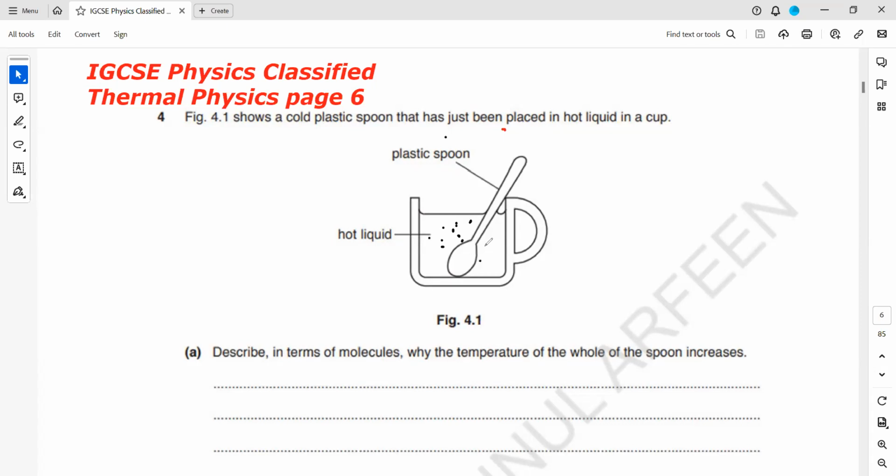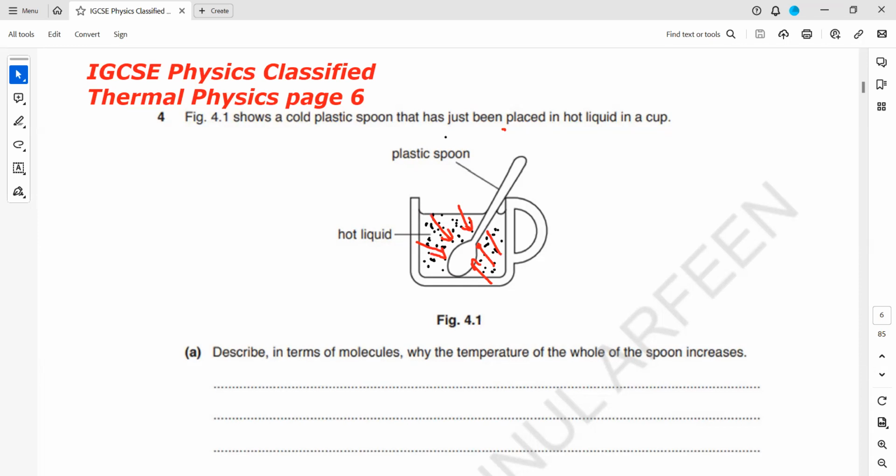There are molecules in the liquid, because we have to explain in terms of molecules why the temperature of the spoon is increasing. As the liquid is at high temperature, the molecules of the liquid are moving fast. As a result, the molecules of the hot liquid will collide with the surface of the spoon. When they hit the surface of the spoon, they will cause vibration of the spoon molecules.